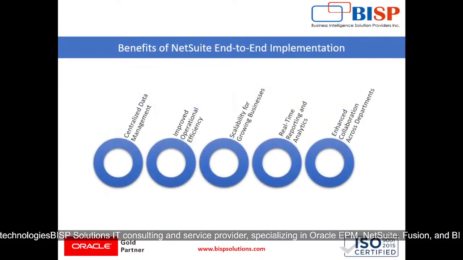Then comes the benefits of NetSuite end-to-end implementation, where centralized data management will be there, improved operational efficiency should be there, and scalability for a growing business is a benefit.